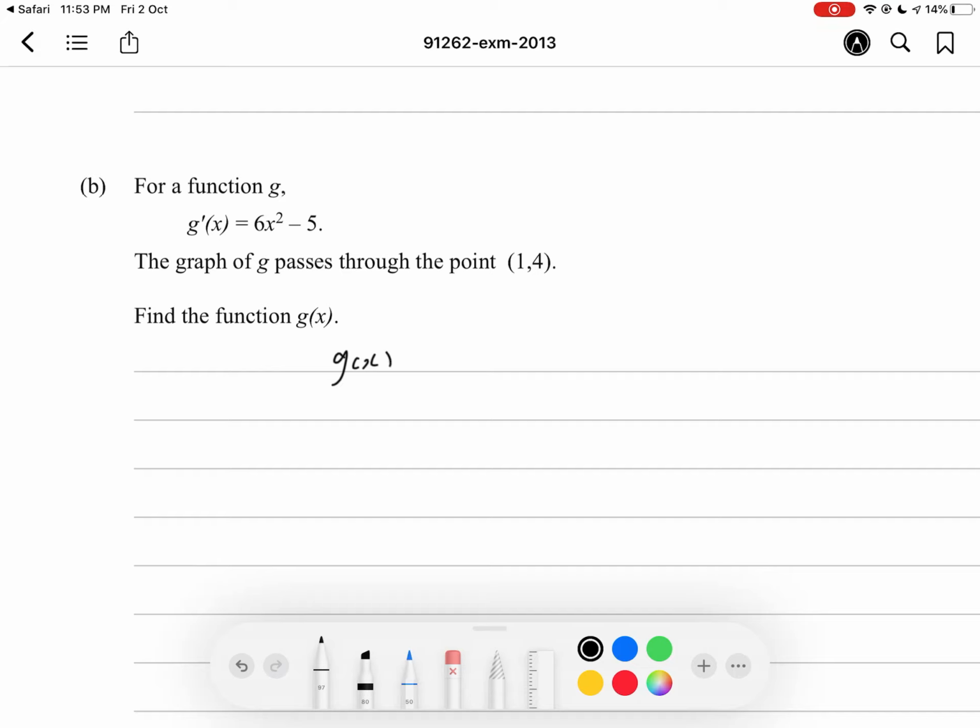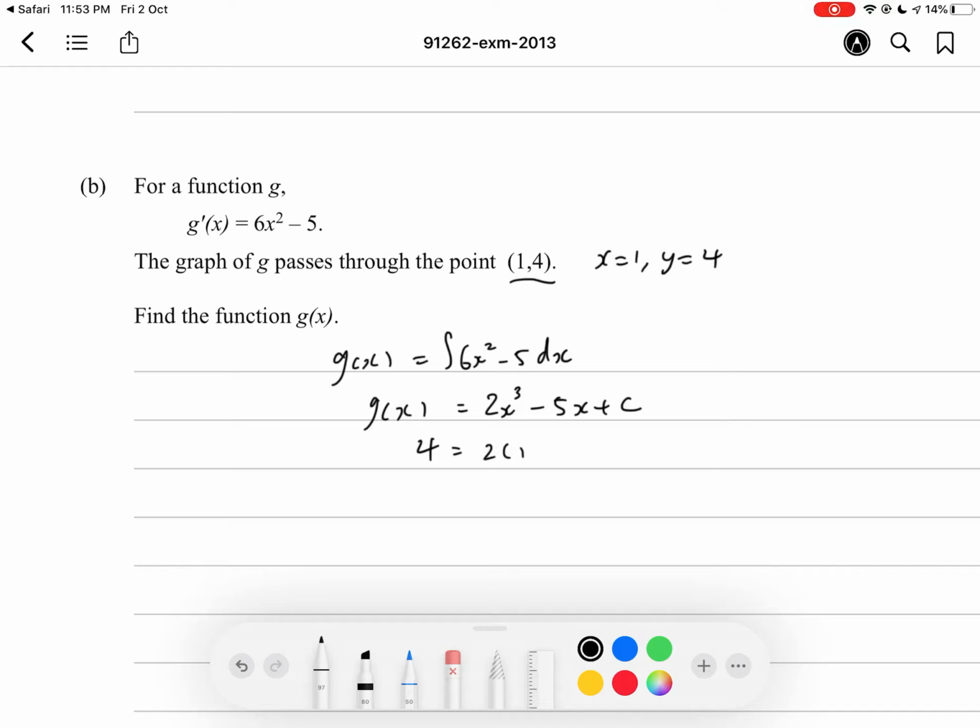So therefore, g of x equals the integral of 6x squared minus 5 dx. So if we increase the power by 1 and divide by the new power, 2 plus 1 is 3, 6 divided by 3 is 2, so 2x to the power 3 minus 5x plus c. In order to find our c value, we substitute the point 1, 4 back into our g of x, so we know it passes through x equals 1, y equals 4.